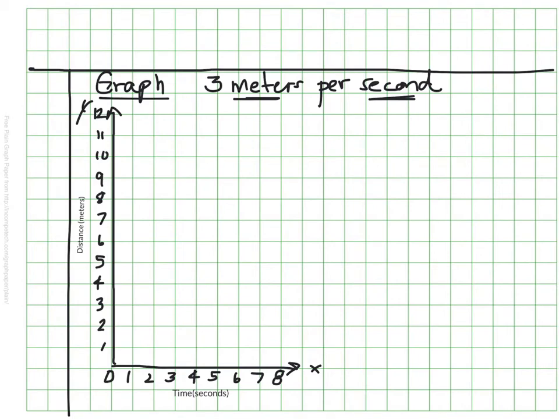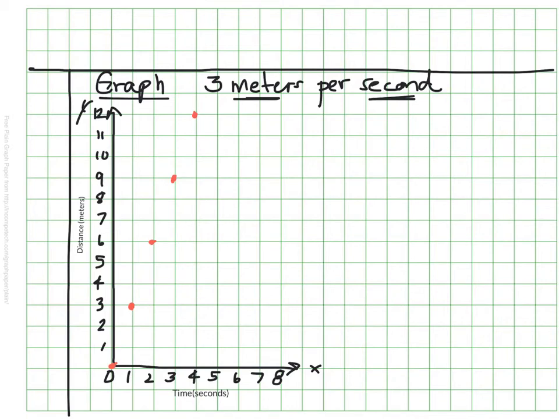And from here, I'm going to plot her points, right? So at 0 seconds, she had gone 0 meters. After 1 second, she had gone 3. After 2 seconds, she had gone another 3, getting her up to 6. After 3 seconds, she went up to 9. And after 4 seconds, she went up to 12. So I've plotted her distance on this graph.